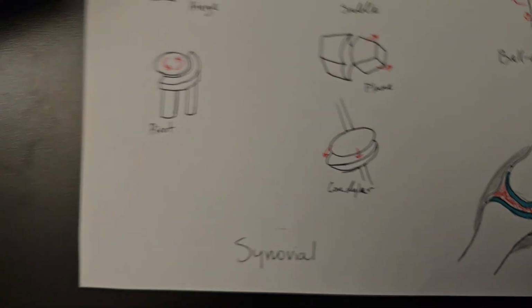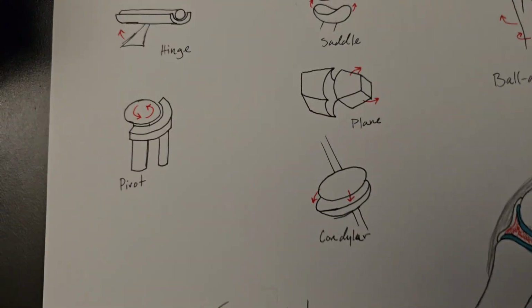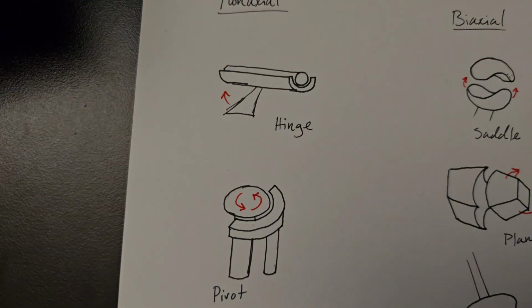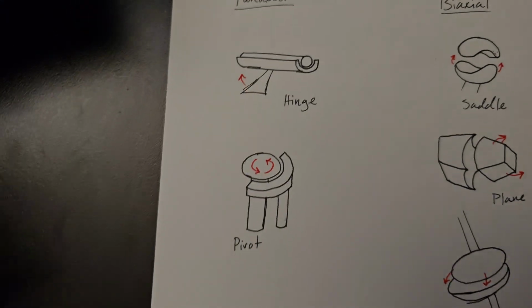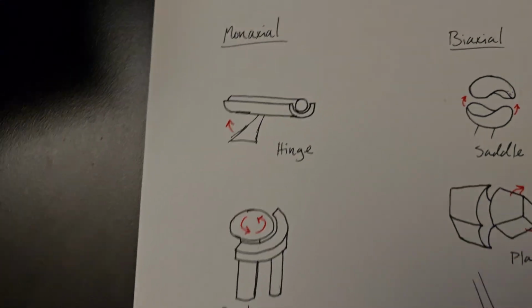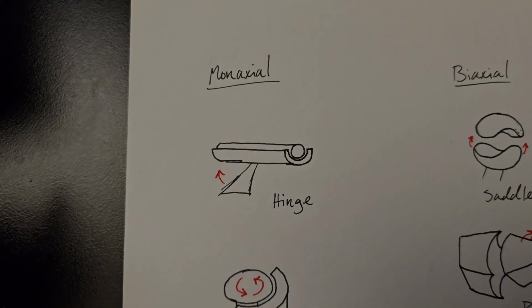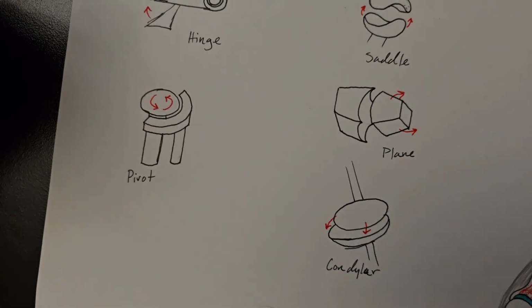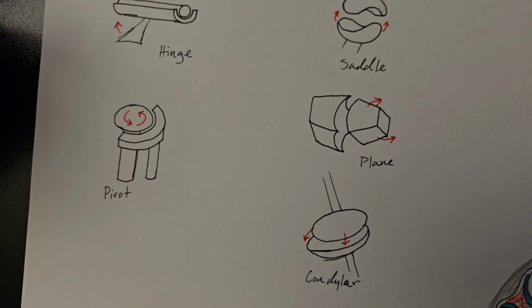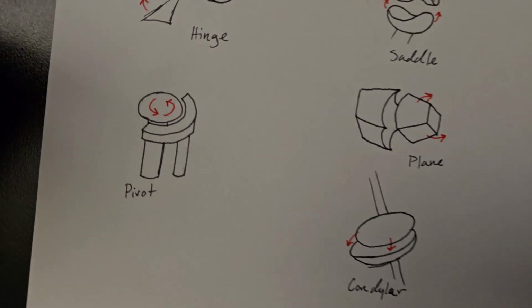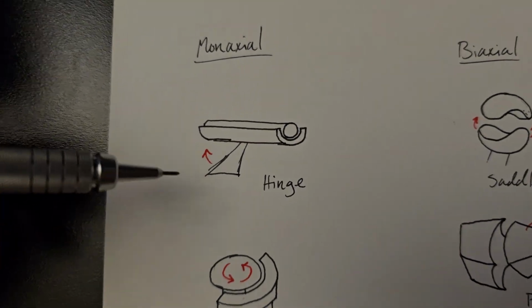And there are a few different ways, different regions involved, different categories. There are monoaxial planes of movement. So these are where the joints can only move in one plane. That'll be like a hinge joint.